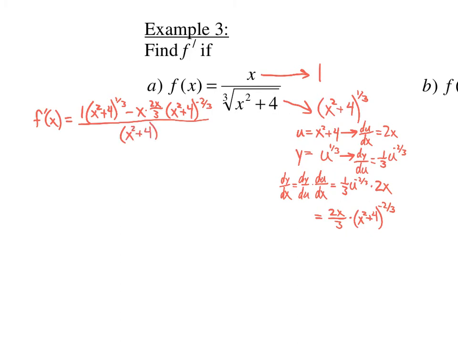To the 2/3. Yeah, if I have this to the 1/3 power and I square it, you multiply the exponent, so 1/3 times 2 is now 2/3. Okay? Is everyone with me so far?